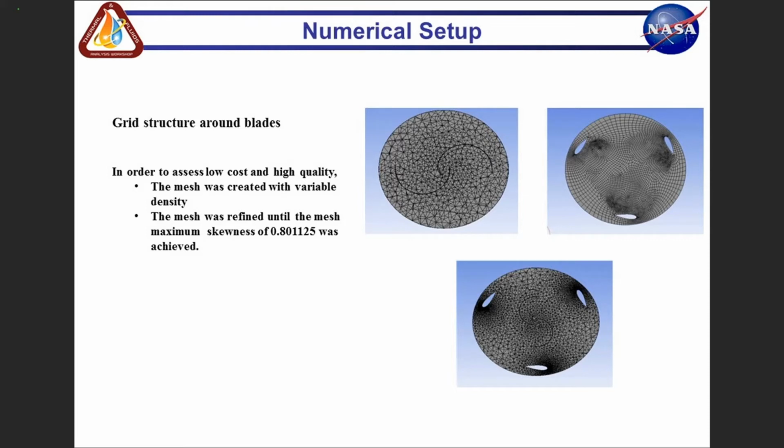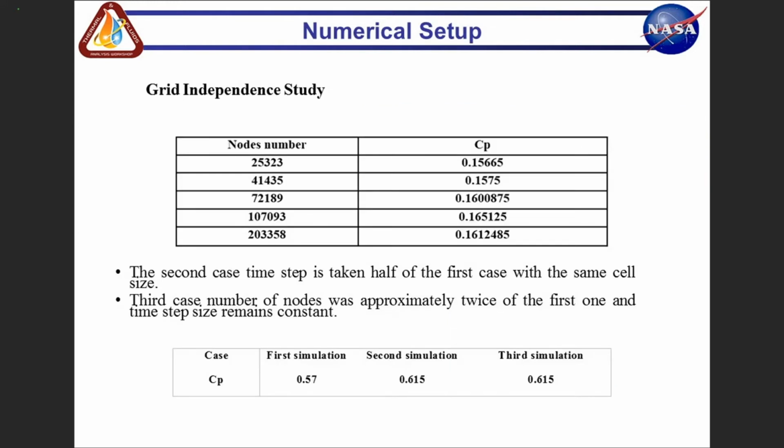We concentrated the mesh around the high gradient zone to capture all the gradients around the blade at low cost and high quality. The mesh was refined until a maximum skewness of 0.9 was achieved.